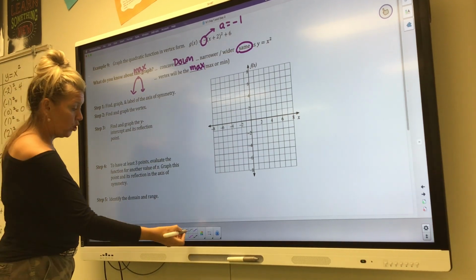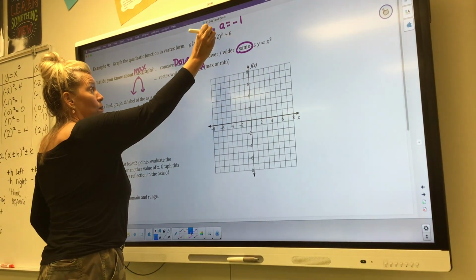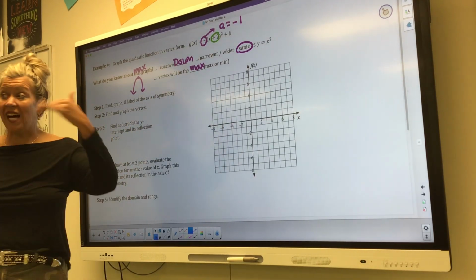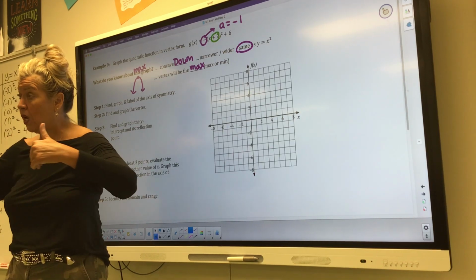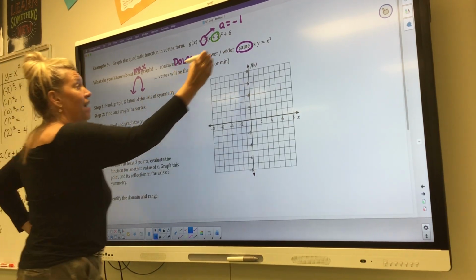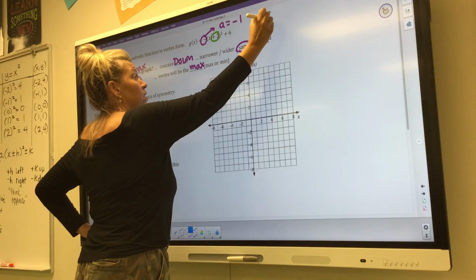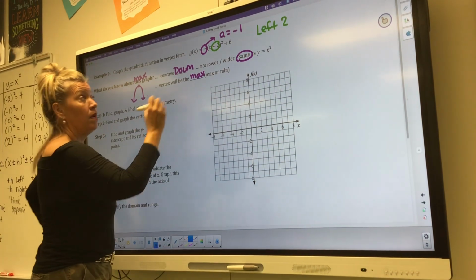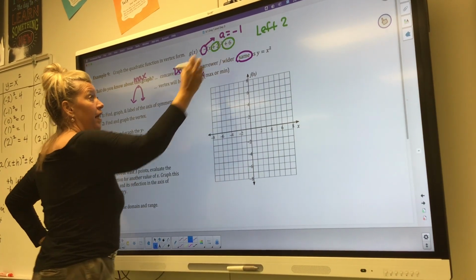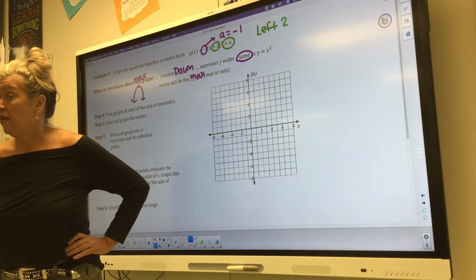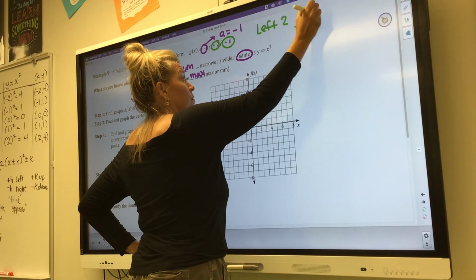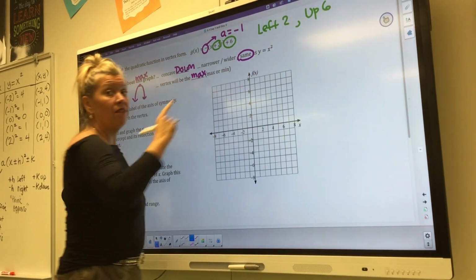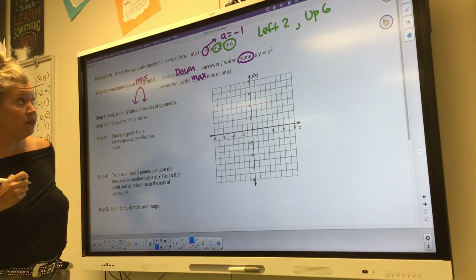Now we do the h and k. So +2, we say inside the function, inside the grouping, we do the opposite. So +2, which way are we going? We're going to the left. Left 2. And then +6 outside the function, it's appropriate. It just is going to move up 6. So we now have our first point, our vertex.